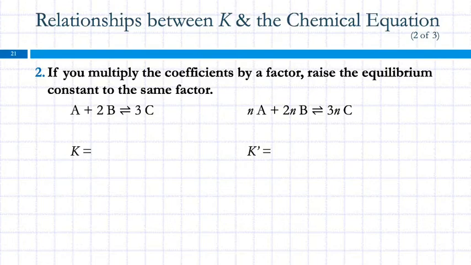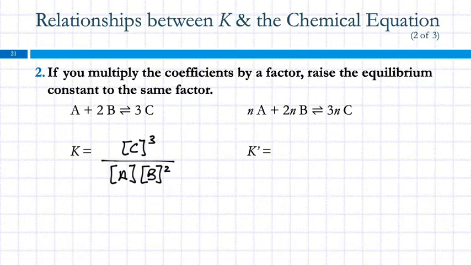So here we've got the reactions going in the same direction for both of these. Here we have C cubed over A and B squared.